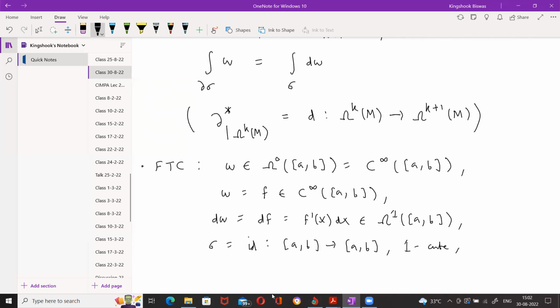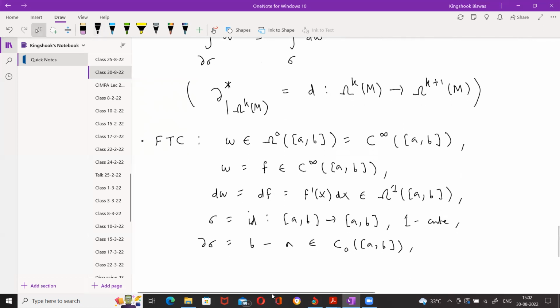And what is the boundary of sigma? This is B minus A. So this is a zero chain, a formal sum of the point B minus the point A.